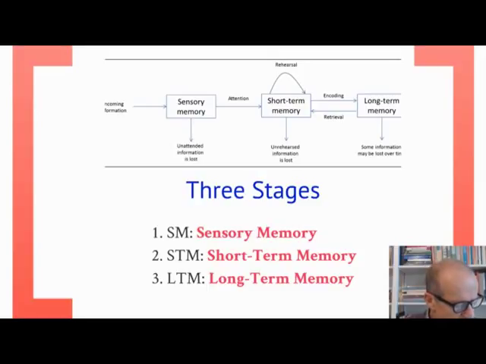Now, again, working memory has a very limited capacity, albeit a bit larger than the sensory memory, and the information stays in short-term memory again for a short period of time, but now we are talking about seconds and not about milliseconds.